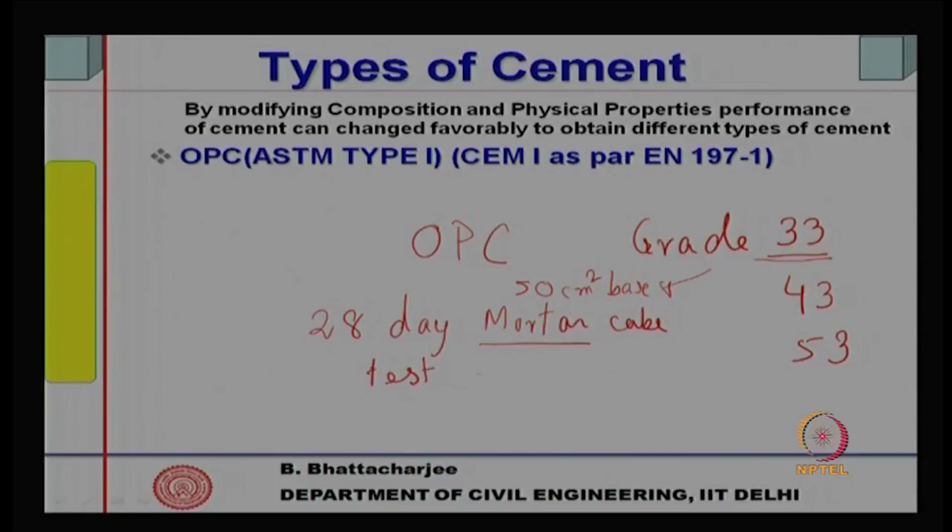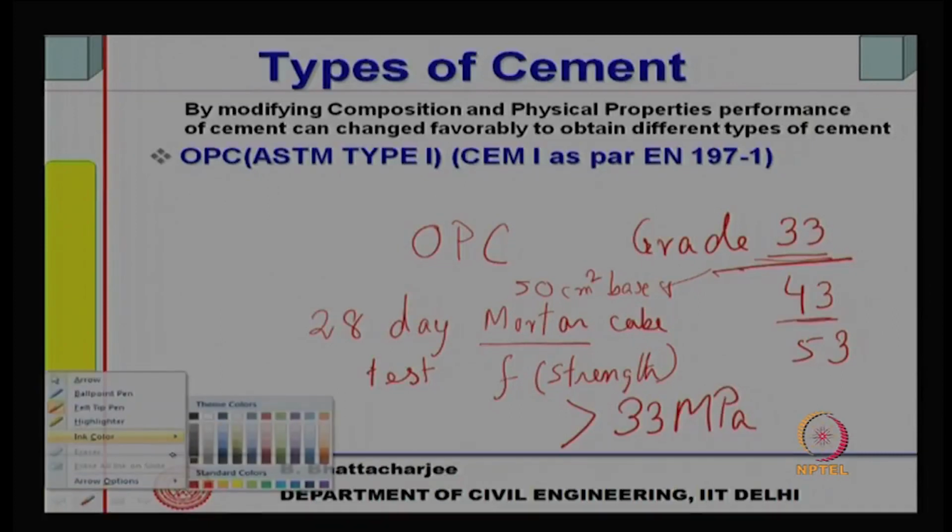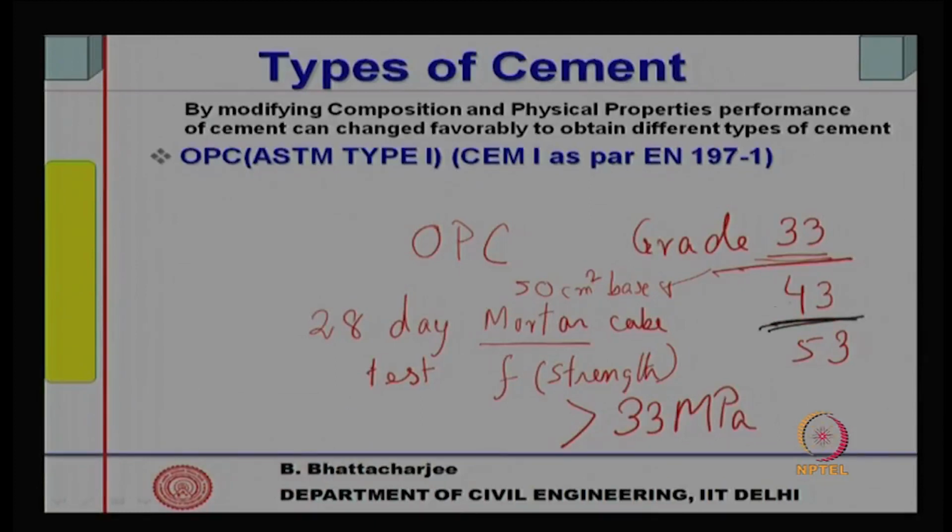When you do it, if the strength is more than 33 MPa, then you call it grade 33 cement in the Indian context. Similarly, when the 28 days standard mortar cube strength is more than 43 MPa, you call it grade 43, and if it is more than 53 MPa, then you call it 53 grade.